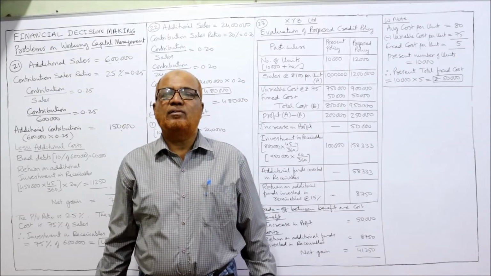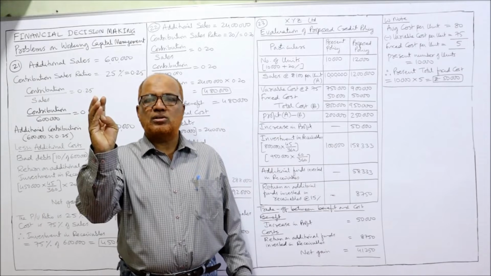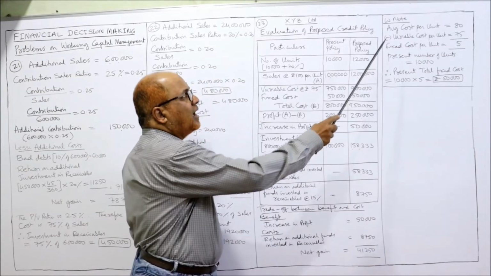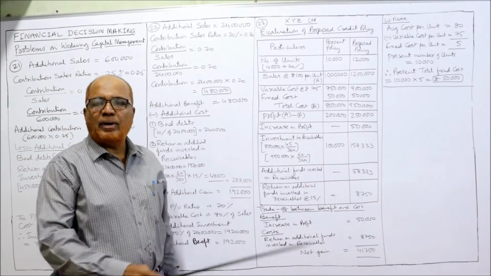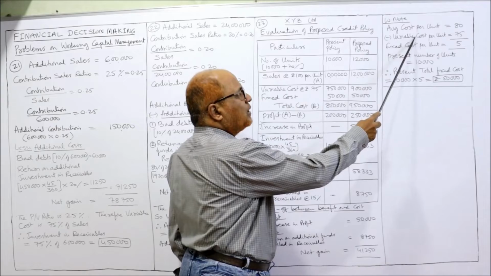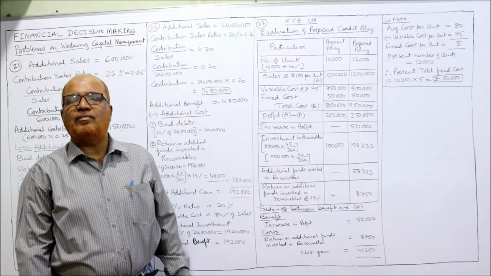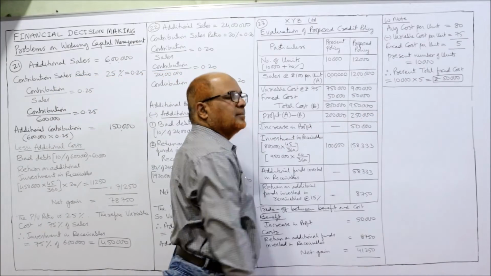Fixed cost is not given in the problem. By using average cost and variable cost, we can calculate fixed cost. Average cost per unit is 80 rupees given here. From average cost, deduct the variable cost per unit 75 rupees. So 80 rupees average cost, 75 rupees variable cost. So 5 rupees is the fixed cost per unit.